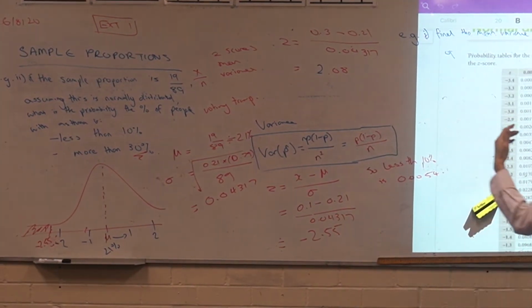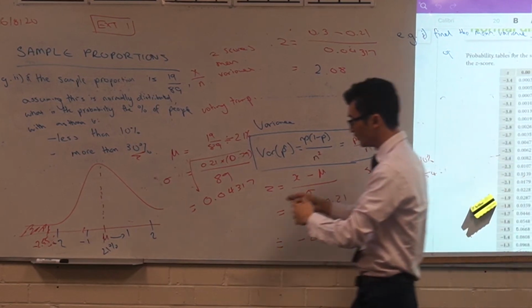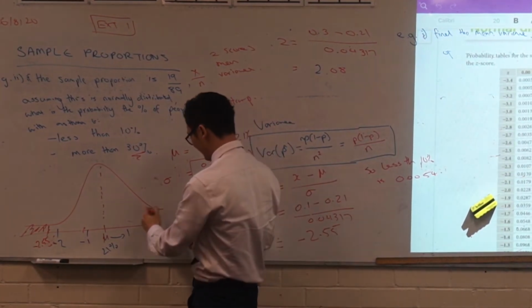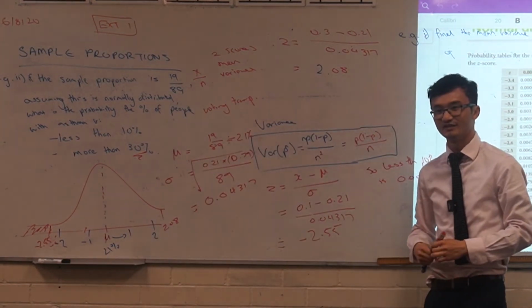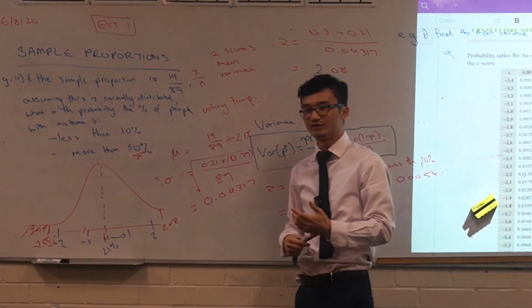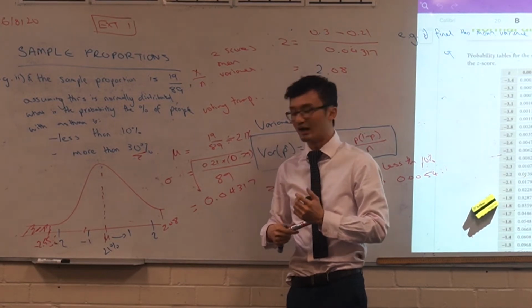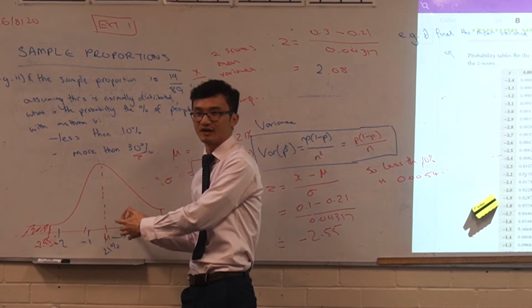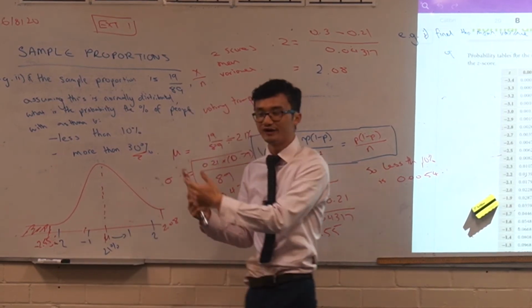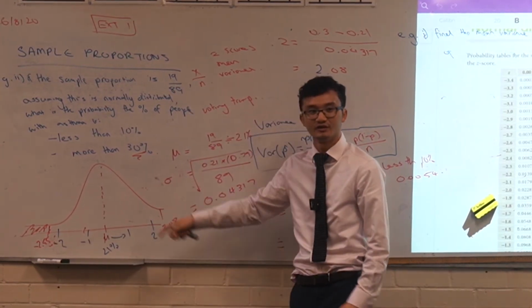So this is the Z-score now. How do we work out the percentage? Because what I'm calculating, 2.08, is over here, right? When I go to this table, what's it going to give me? The running total up until this point, right? So what area is that on this graph? Everything that way.